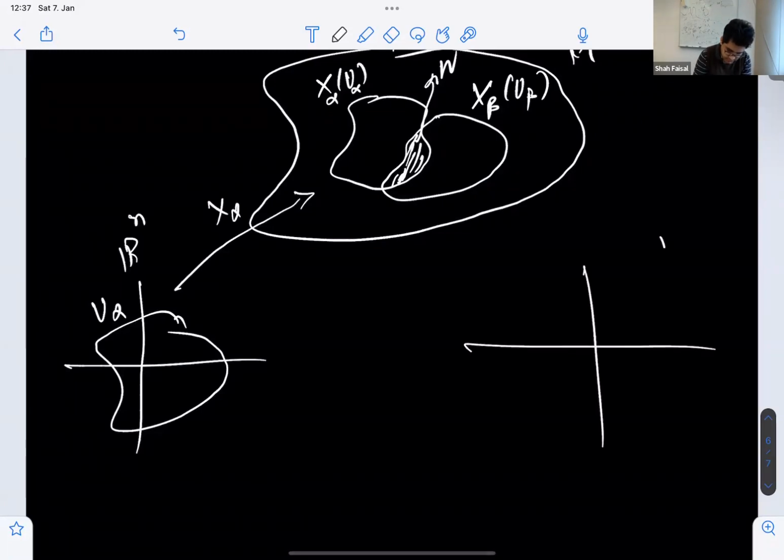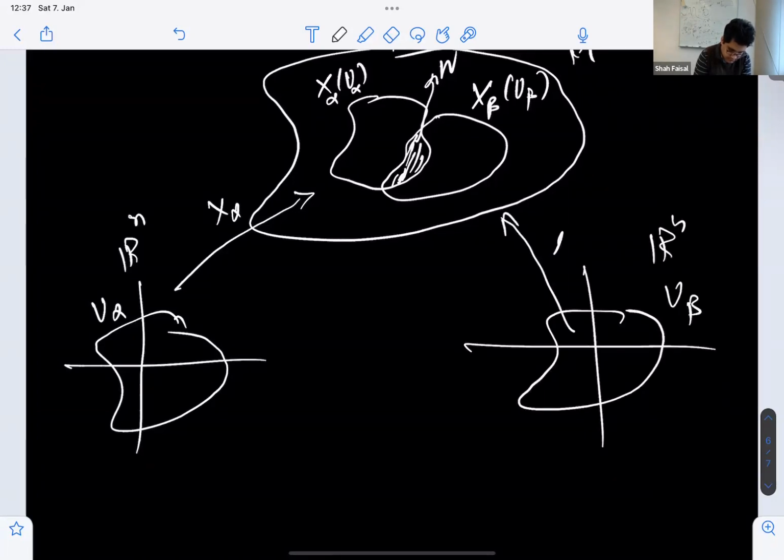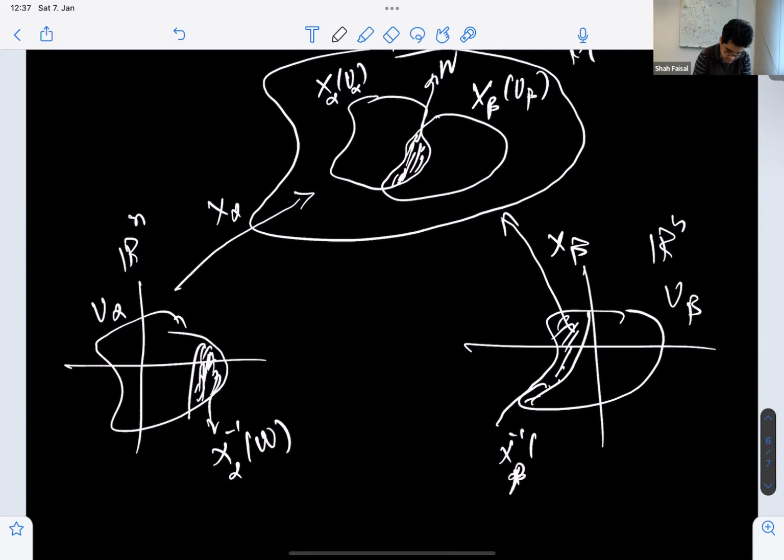Similarly, you have Rn and open set U beta, and x beta is going from there. Now the inverse image is x alpha inverse of W, this portion, and this portion is x beta inverse of W. And now you have a function, x beta inverse composed with x alpha.